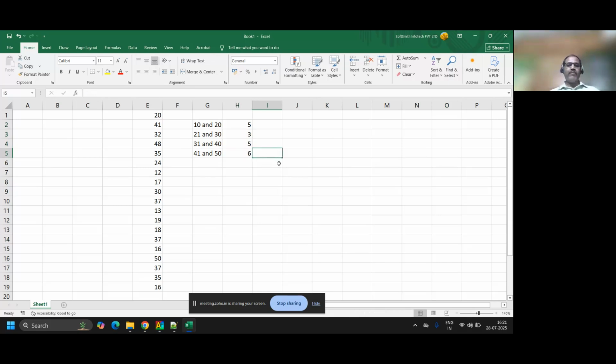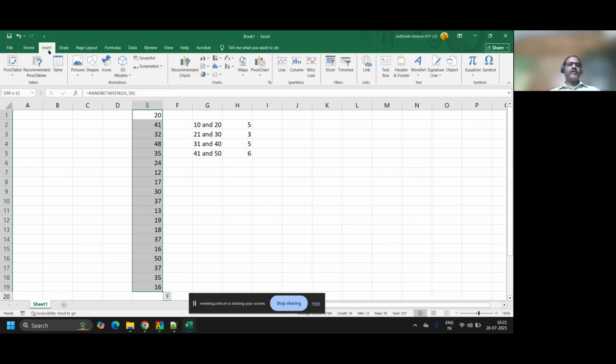Now, I have to draw a graph between 10 and 20, between 21 and 30, between 31 and 40, between 41 and 50. So you draw a histogram like this. To do that, you can choose insert and then choose a graph like this.